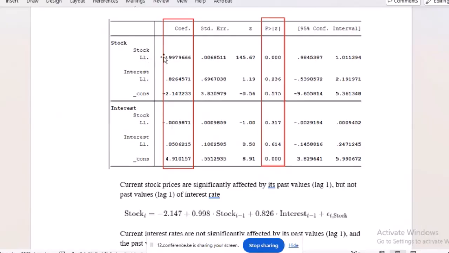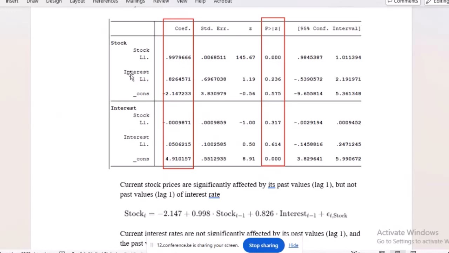So the coefficient here is 0.9979, which is positive, and the p-value is 0.000. Because it is less than 0.05, it is significant.